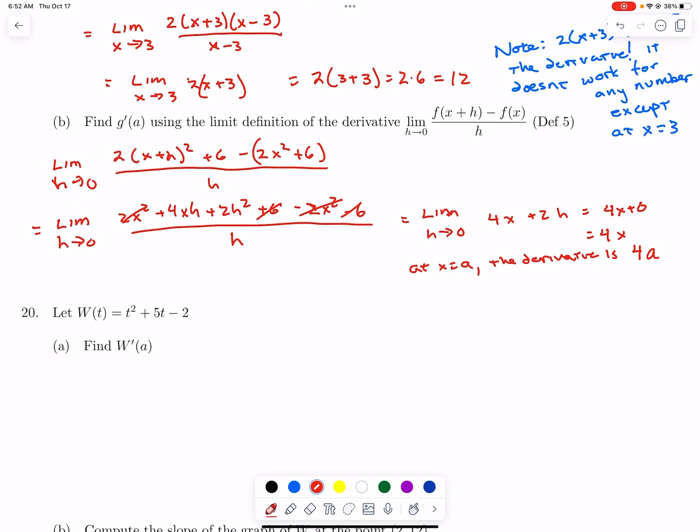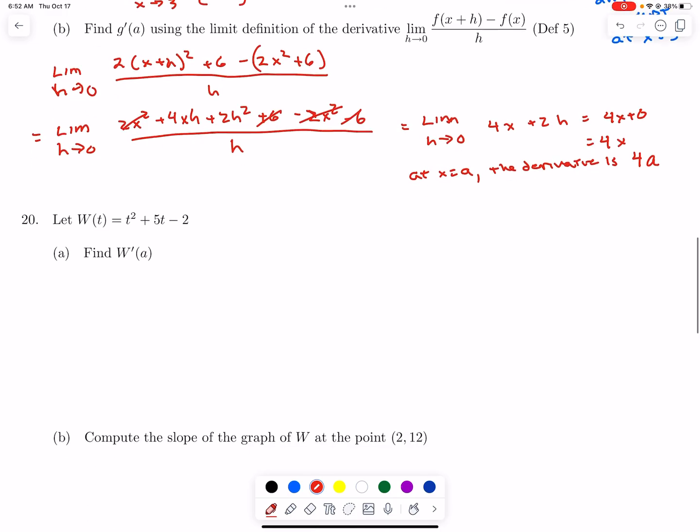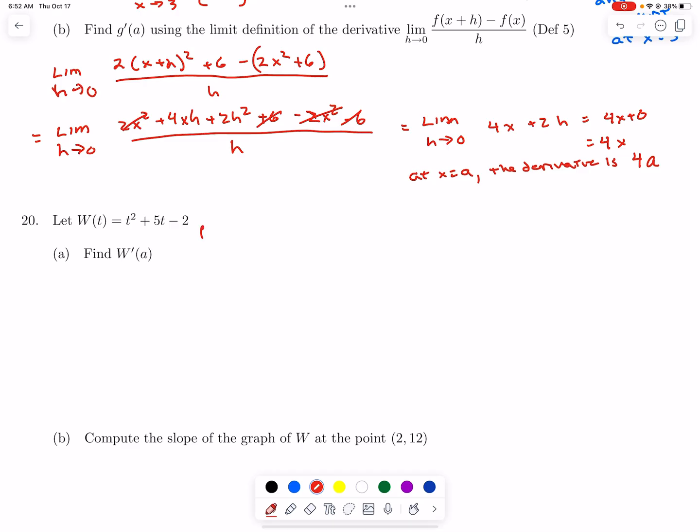Okay, so this definition of the derivative works for any a's. And again, I can plug the a in at the beginning or the end. Maybe I'll plug in the a at the beginning again. X plus h?